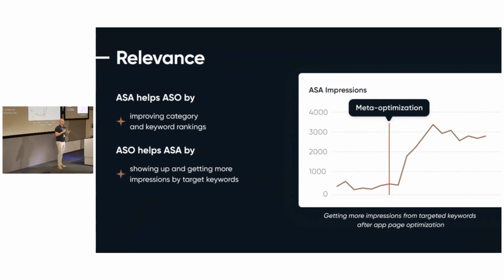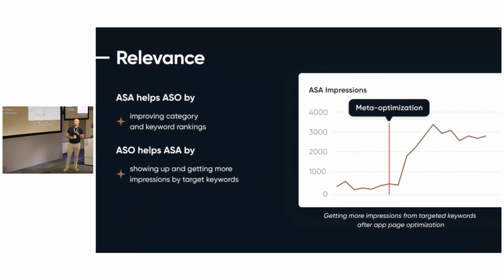What we want is for the algorithm to recognize that the keywords you mentioned in your metadata are relevant for your app, and get impressions by these keywords. So this is how Apple Search Ads helps App Store optimization.